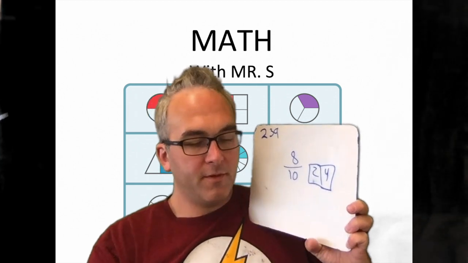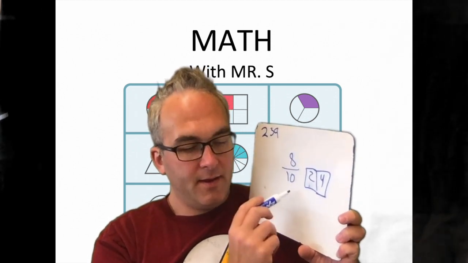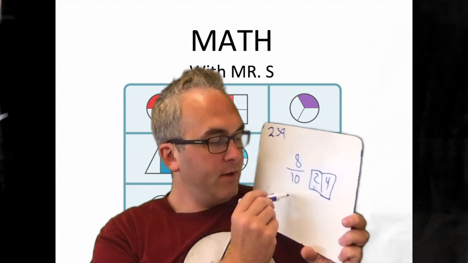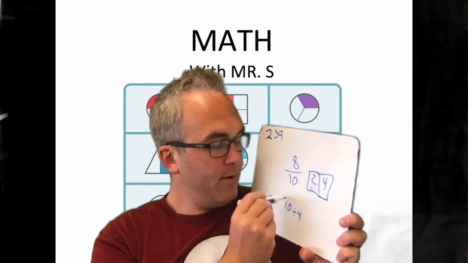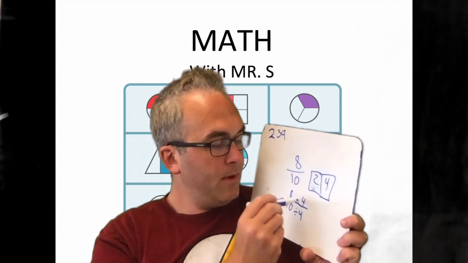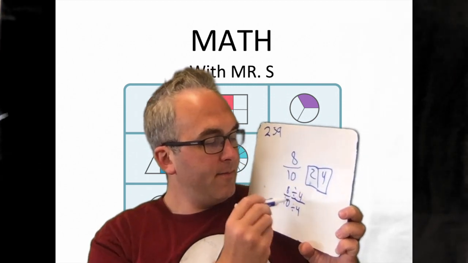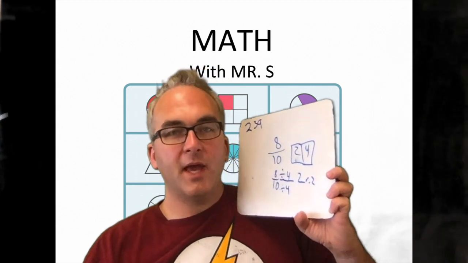But let's look at 4. Does 4 go evenly into 8 and 10? So let's look at 10 first. 10 divided by 4 would be 2 with a remainder of 2. So we can't do that.